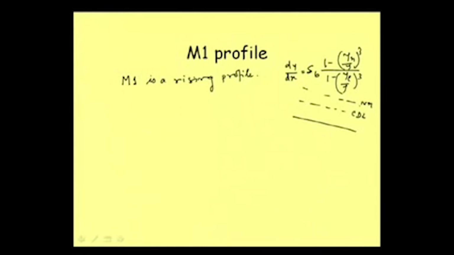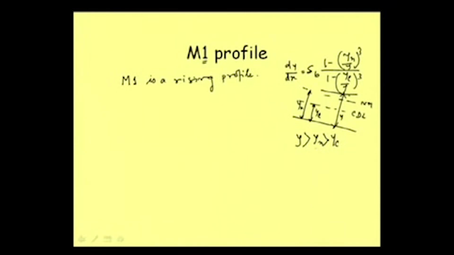So the critical depth is this one, yc, normal depth is yn, and suppose the profile is here in zone 1, because it is M1. So the depth at any section is say y, and as such we get that y is greater than yn, the normal depth, at any section of the gradually varied flow portion, and yn is greater than yc.